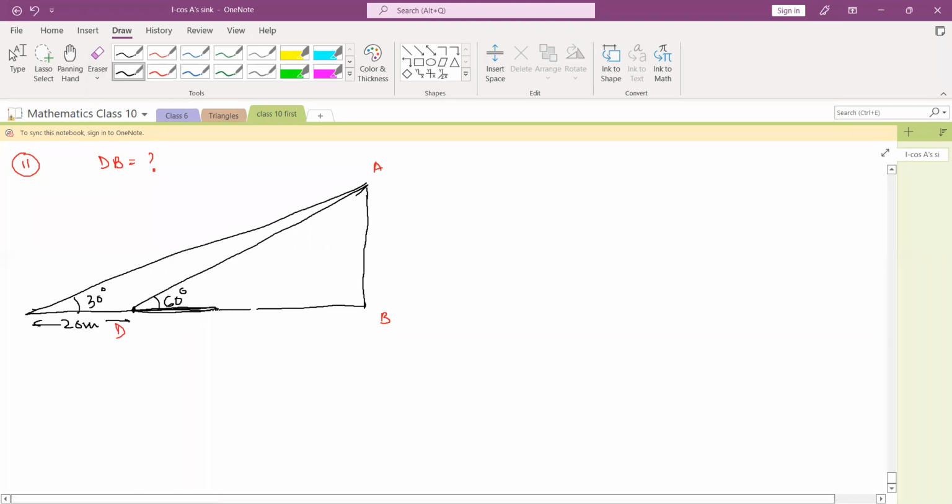Okay. Find the height of the tower. That means you have to find AB and you have to find the width of the canal. So the width of the canal was DB, right?